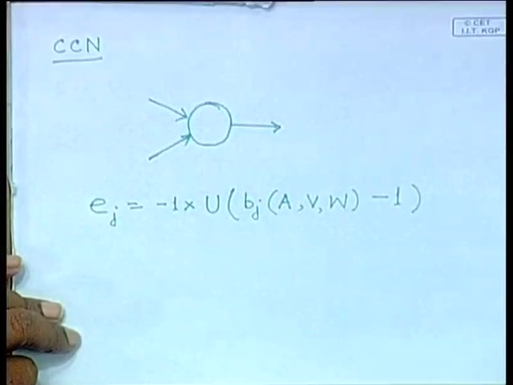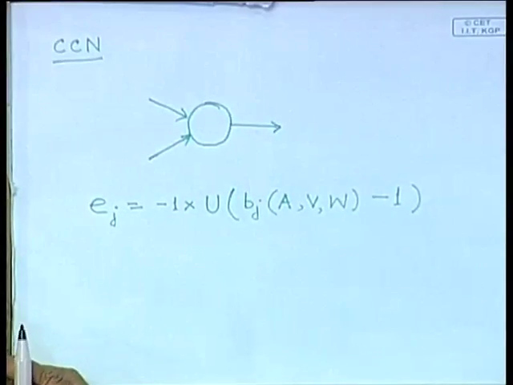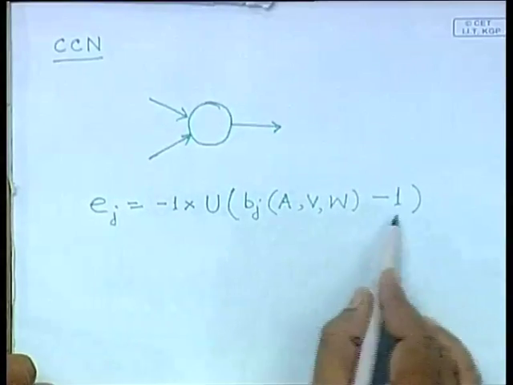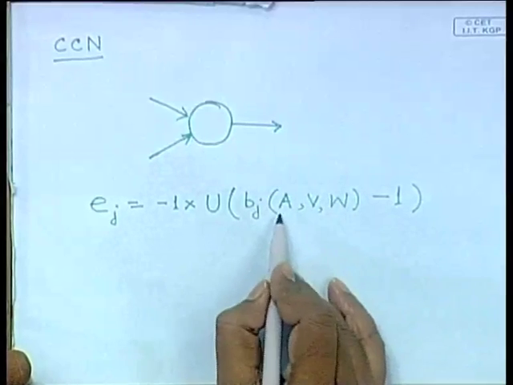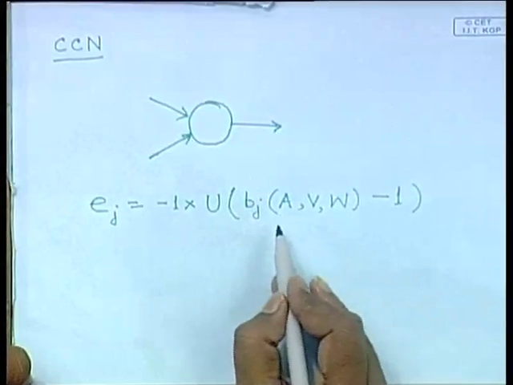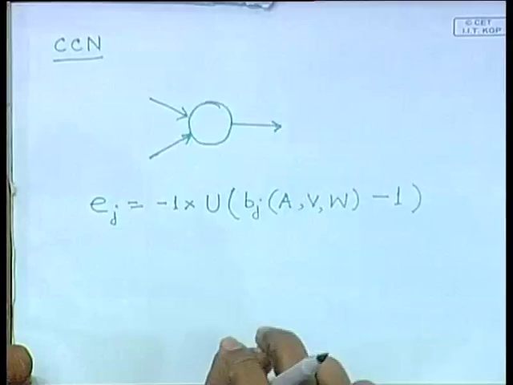So, this function is simpler than the functions to be computed by overlap compensation neurons. Okay. So, you find that here what does it compute? When an unknown point falls within the contained region.